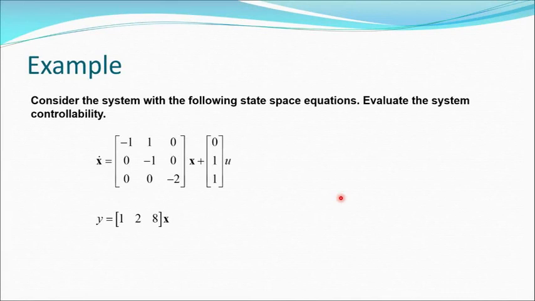In this example, we will try to determine the system controllability for the given state space equation. Basically, to determine the system controllability, we only need matrix A and matrix B, and also the number of state variables n. In this case, n is equal to 3.